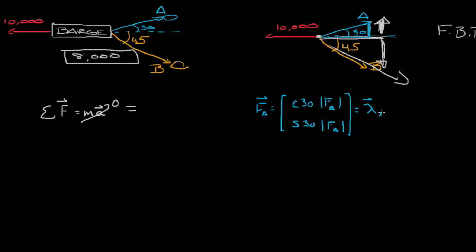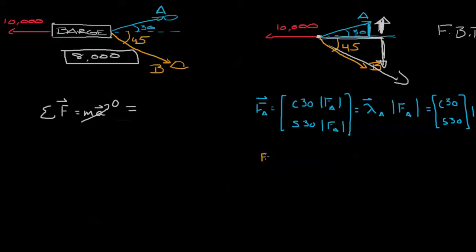So our unit vector has a magnitude of 1 going in the direction of force of A. That way we can say the unit vector times the magnitude of force A is going to be force A. What that ends up being, if we really want to parse that out, is cosine of 30 on the top row and sine of 30 on the second row times the magnitude of force A. So here's our vector, and we're going to need to use matrices. We're going to pull those in to be our friends because they're really going to help us out.